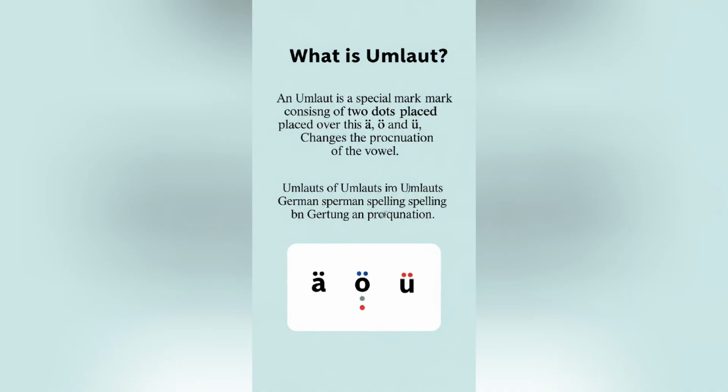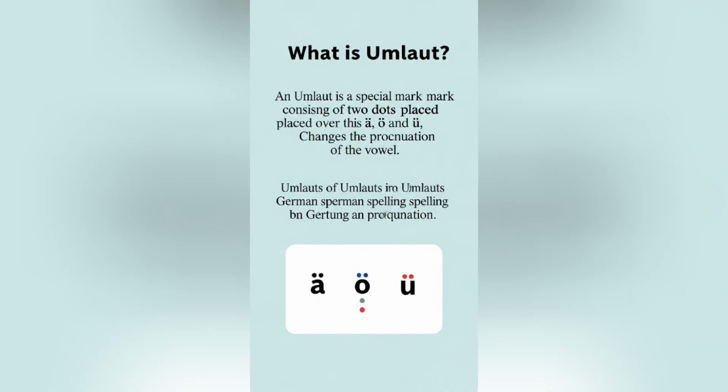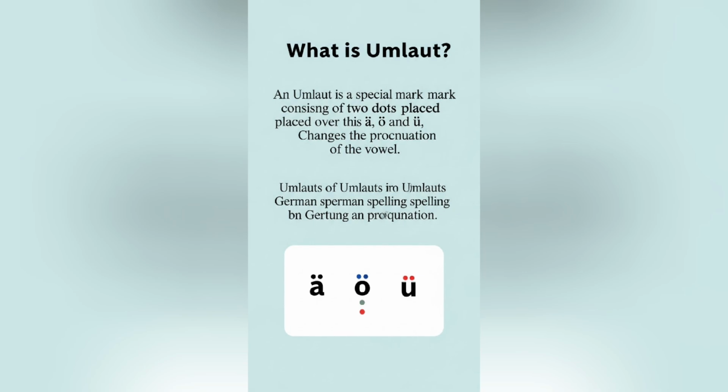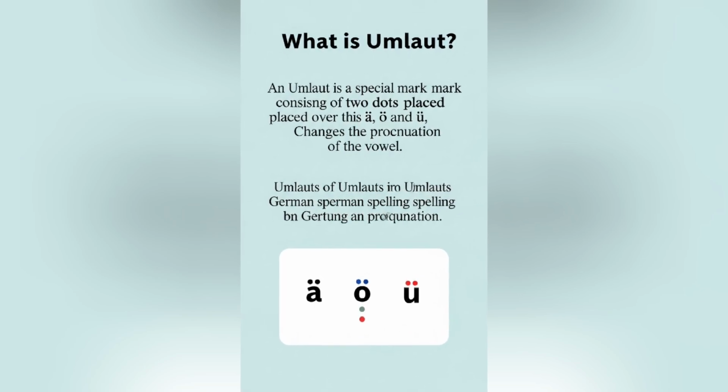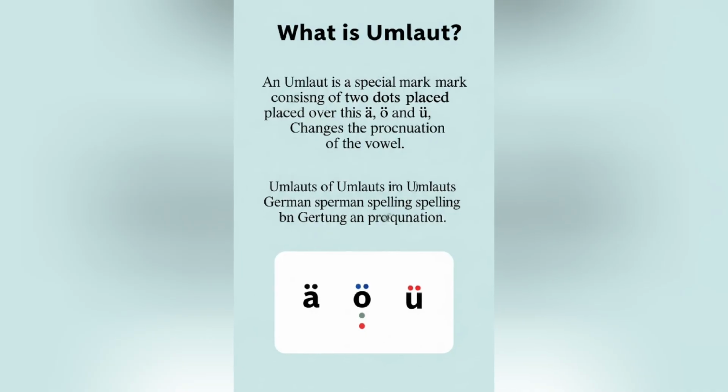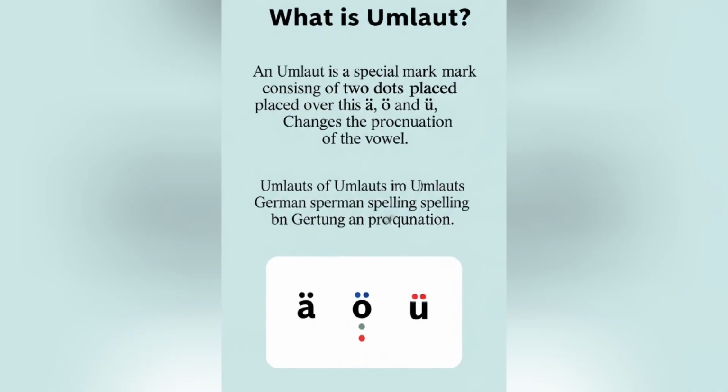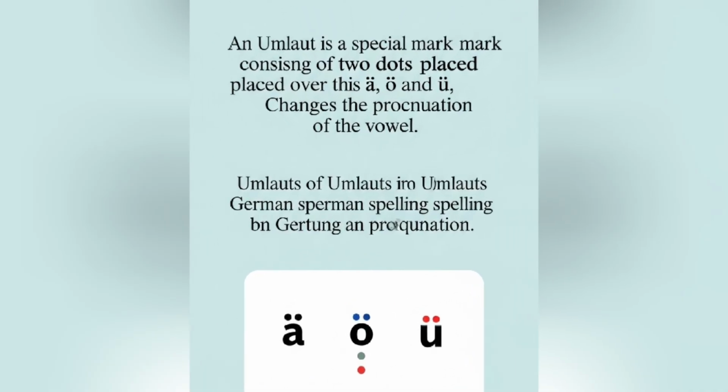Along with these, German also has one special letter called Eszett, which we will also learn today. Why are umlauts important? Umlauts can completely change the meaning of a word. If you pronounce them incorrectly, the word may sound wrong or even mean something different. That's why learning umlauts is very important for speaking correct German.